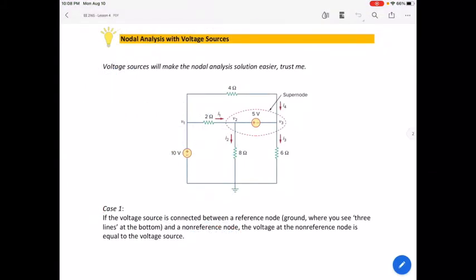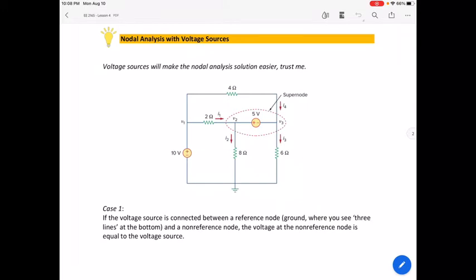The next lesson that we're going to discuss will be still about nodal analysis, but this time with voltage sources. What makes this approach unique is that our nodal analysis, as previously solved, wasn't a short solution.